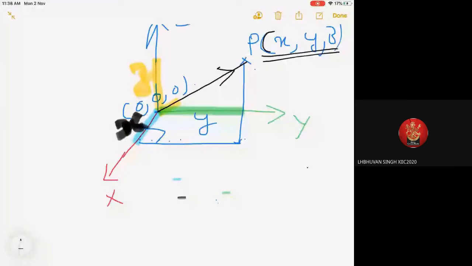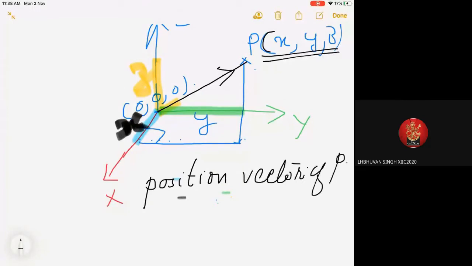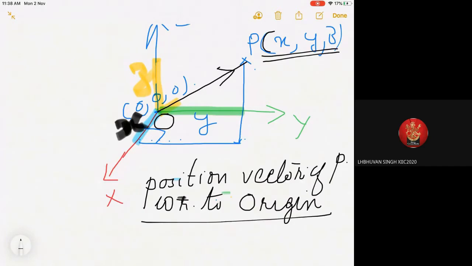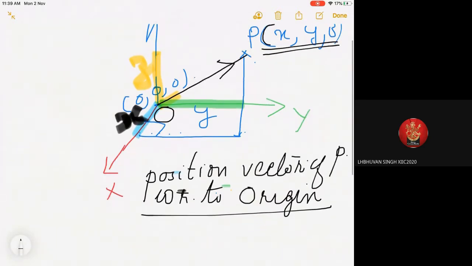I have already told you in the earlier class, it is in terms of the position vector of P. Position vector is always with respect to a point. Here our point is the origin. All the position vectors in our syllabus, we consider with respect to the origin.